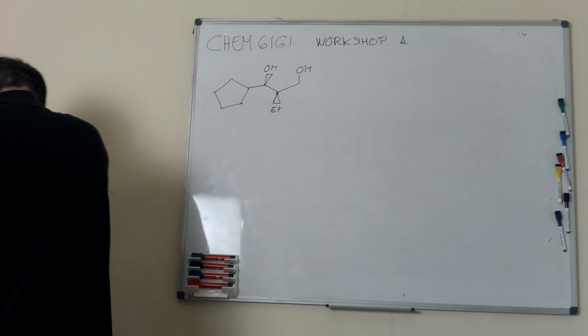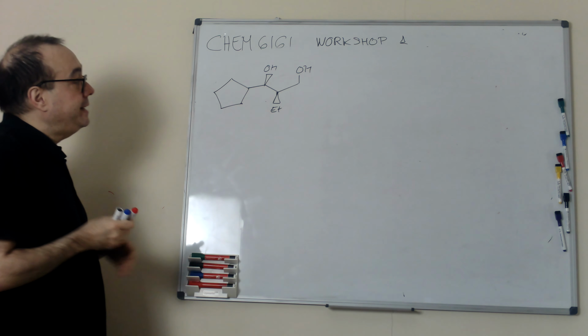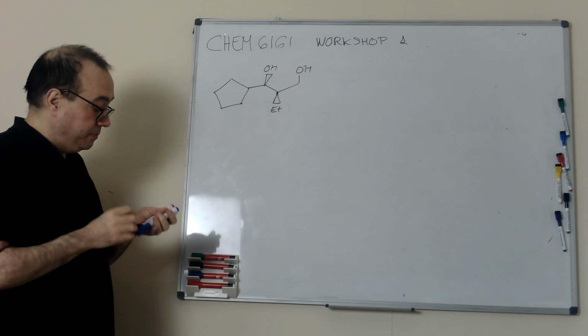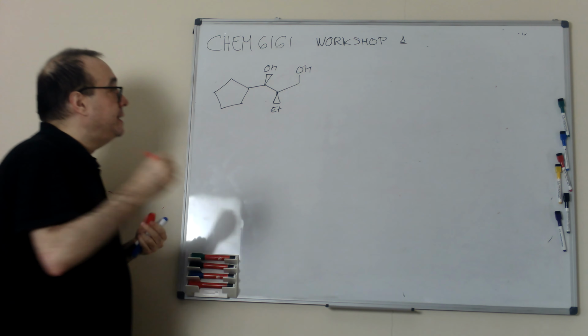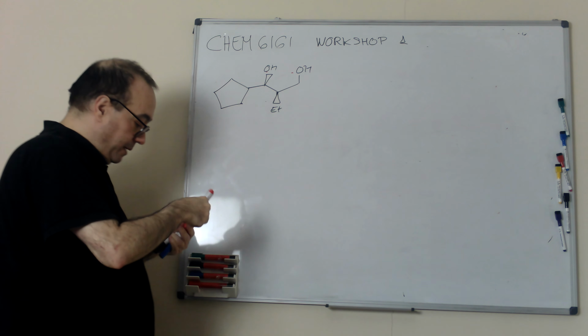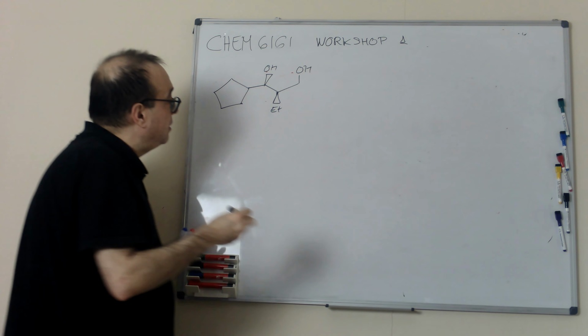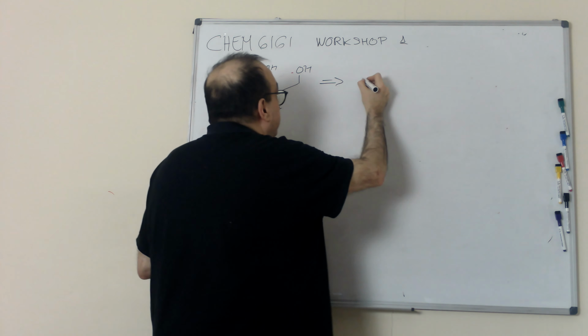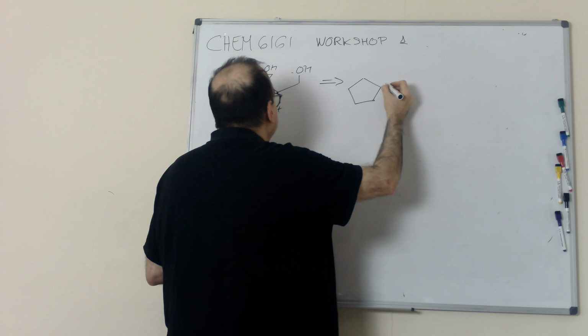Okay, then they say that we need to use the Evans auxiliary. Well, what we can see is that this is a one-three diol. That means if we are doing a functional group interconversion, we can get that this can come from this compound.